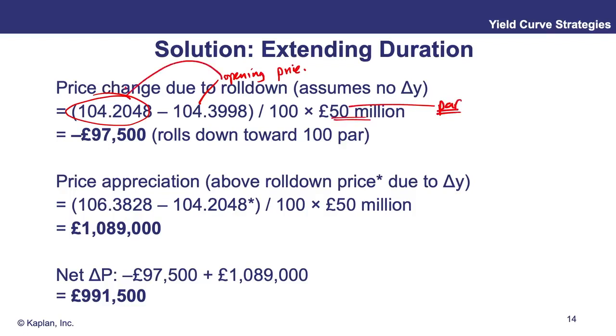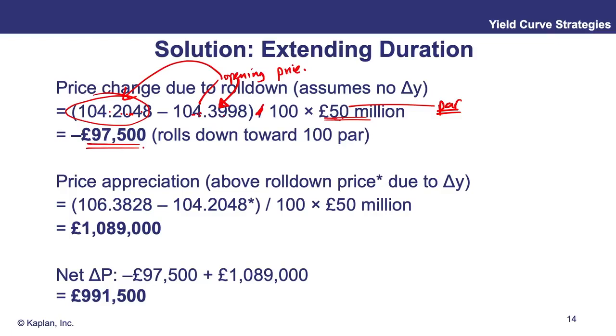We calculated that on the last slide, you'll remember. The opening price is here. So the change is the change in value of £100 of par, because these prices are quoted in £100 of par. Divide down by £100 of par to get the change in value of £1 of par, and then scale up by the 50 million par that we actually hold. That's a negative, minus 97,500.